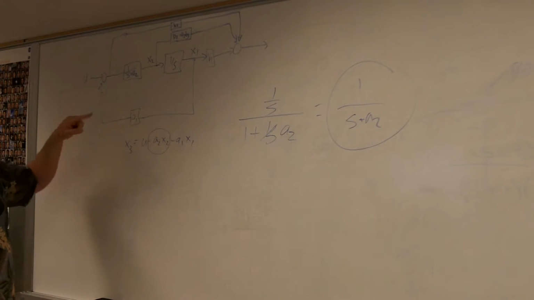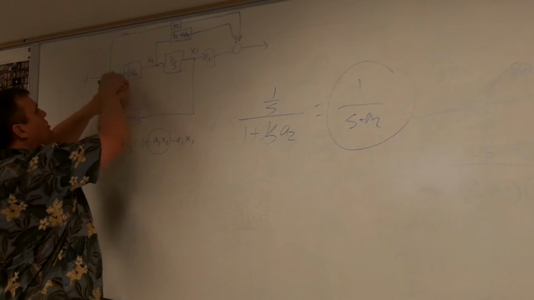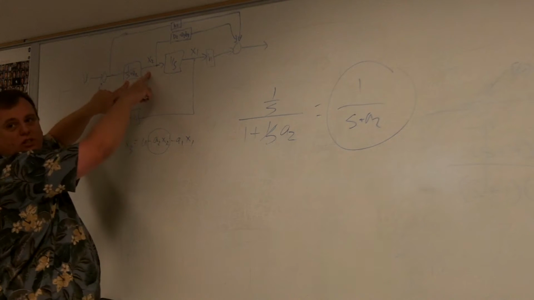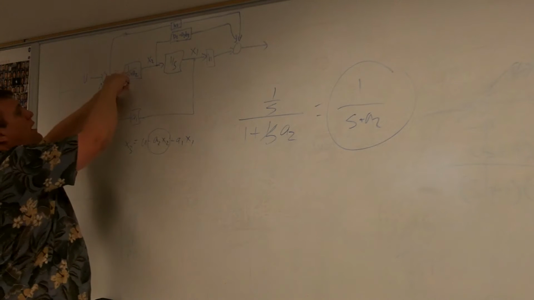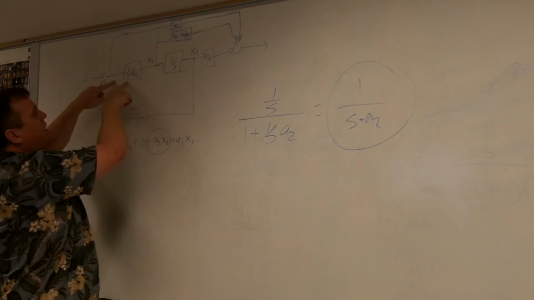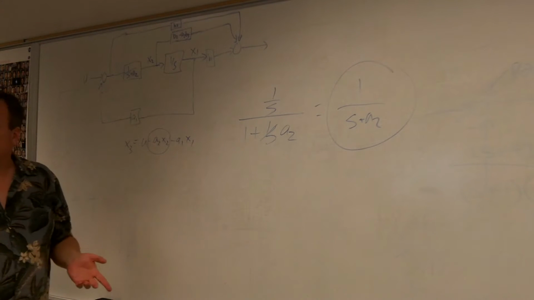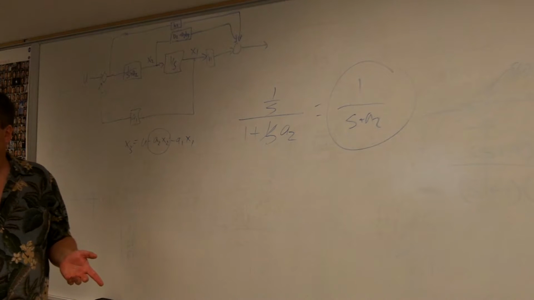Yeah. Well, what this means is this multiplies the input signal to give me this. Right. And that goes to two different places. So the distributive rule means if I take this and multiply it here and here, I've done the same net thing. Right. We all agree?